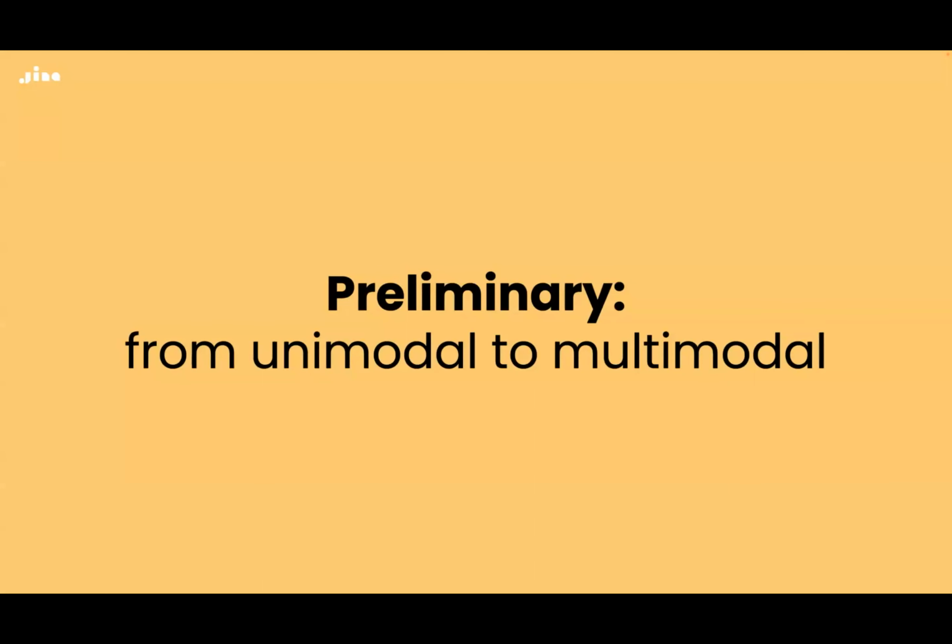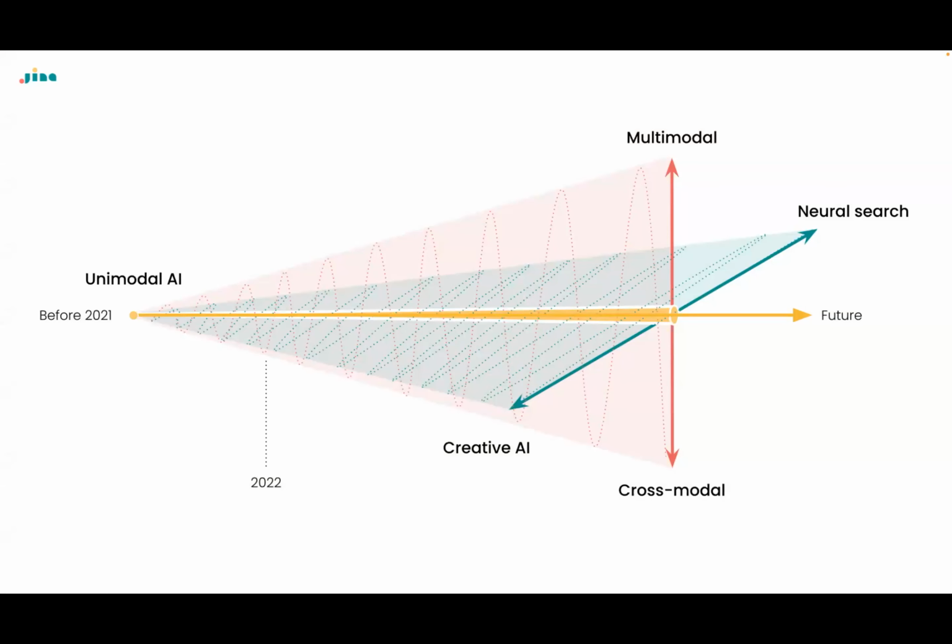So let me give some short introduction about this multimodal thing, right? This is a graph illustration that I did last year. It says that 2022 is kind of a turning point for the industry. Before that, most of the machine learning applications were mostly unimodal, right? That means they focus on a single modality.